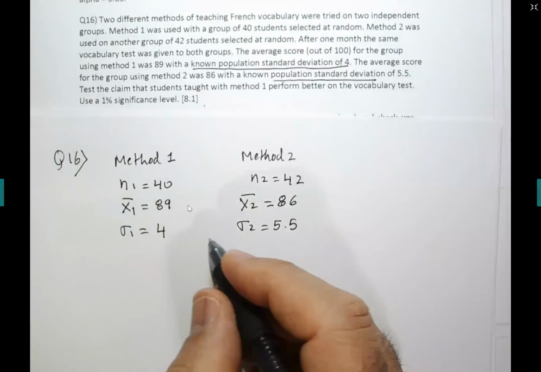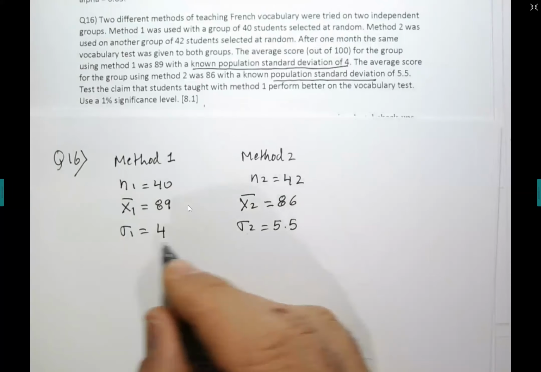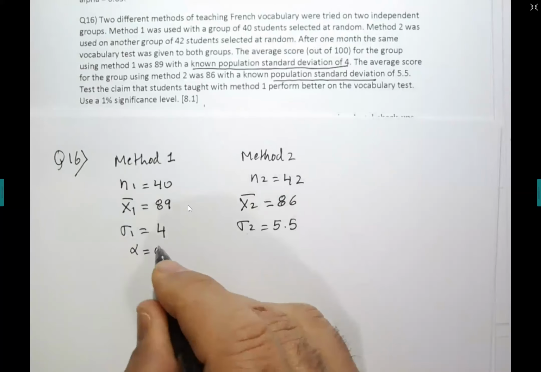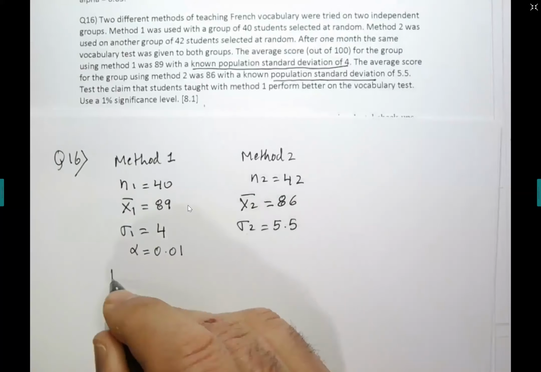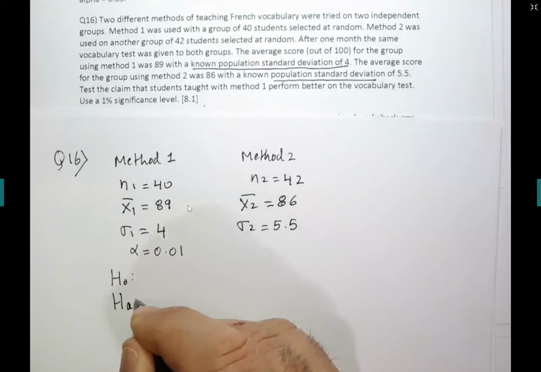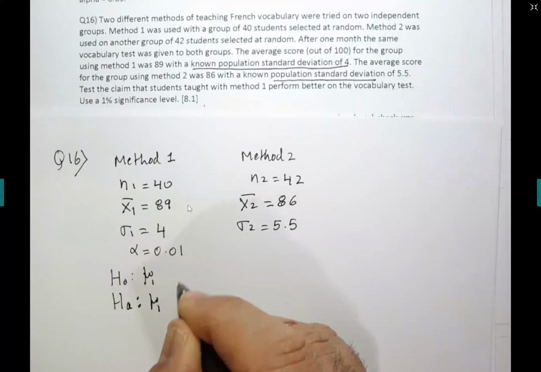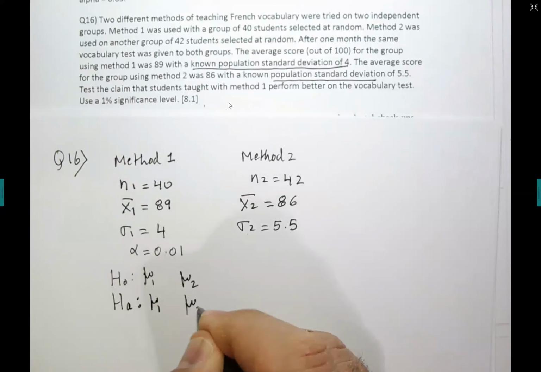Test the claim that students taught with method 1 perform better than students taught with method 2, use 1% level of significance. Okay, guys, so what would go in H0 and HA? These are independent, not dependent, so you're safe to put mu1 and mu2. Can a student tell me what about the signs? He wants us to check if method 1 was better than method 2.